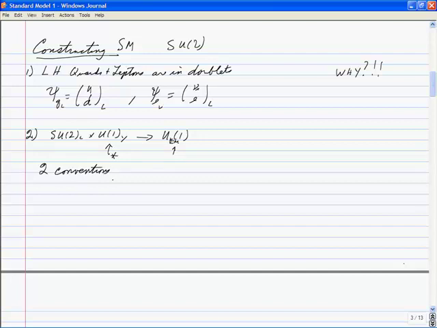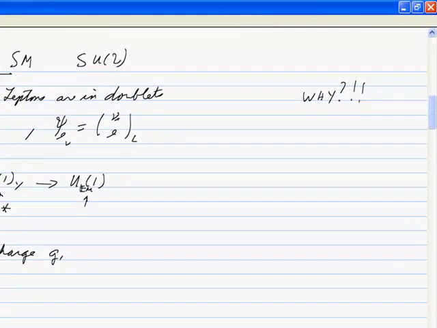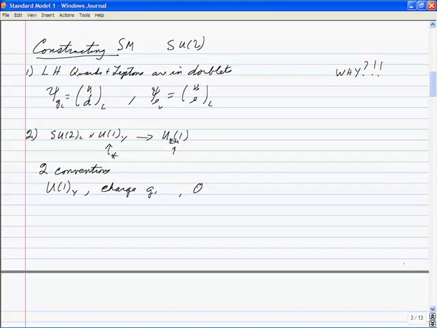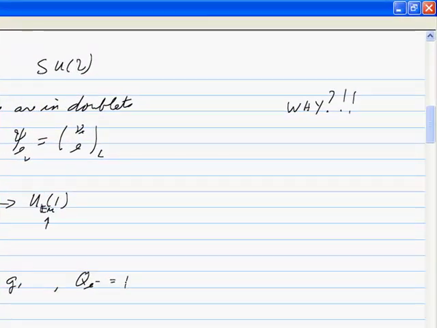For the U(1) hypercharge, we'll call the charge g1, and we can choose any value for that, if there's any normalization. We will just arbitrarily choose the charge on the electron is -1 in these units.